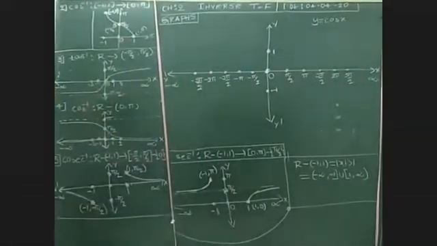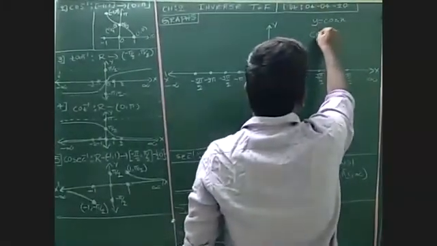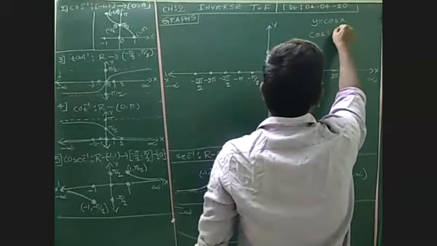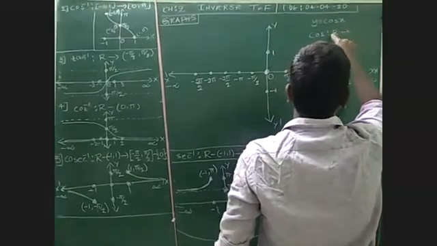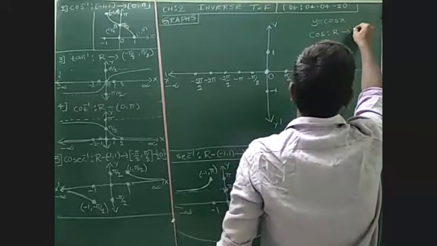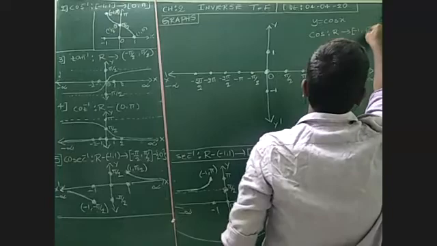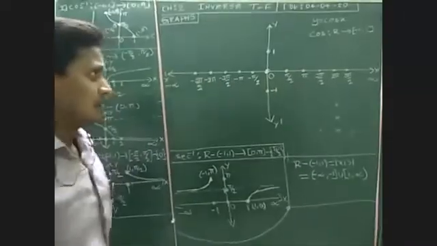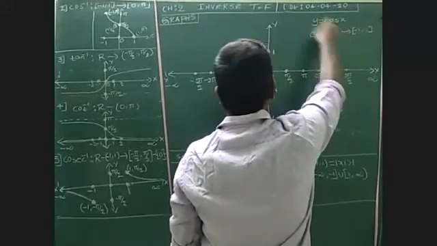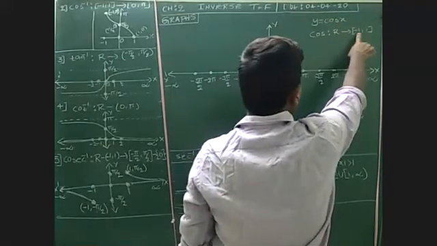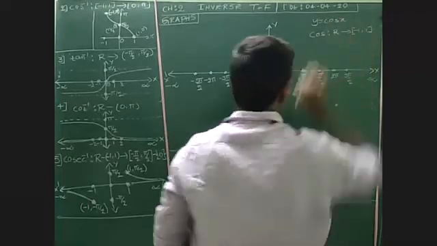Already we know the domain of the cos function is R, real numbers, and the range is from minimum value -1 to maximum value 1. The domain is real numbers for cos x, not for cos inverse. R to [-1, 1].